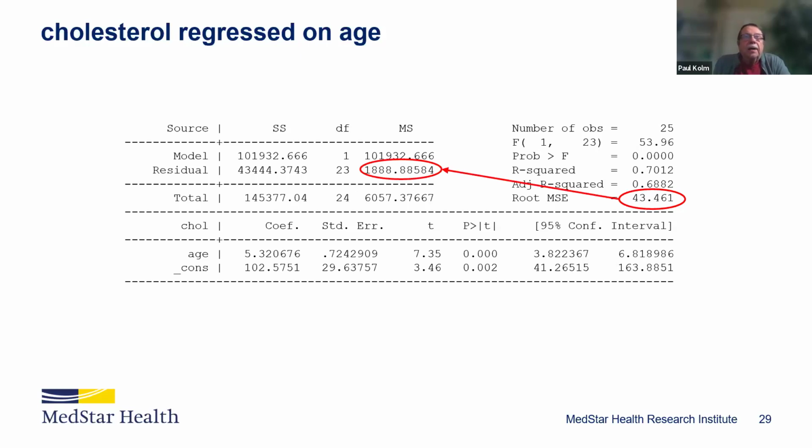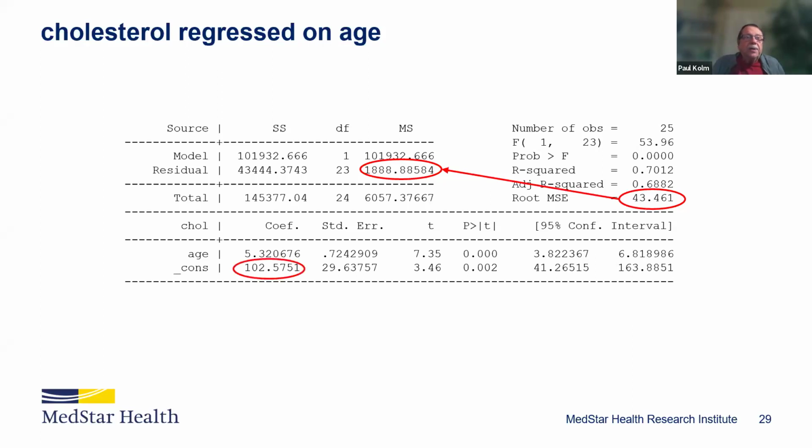But in regression, you have variability that's due to your model or to the independent variables, and then you have variability that's not part of that, that's left over, and we call that the error variance or the residual variance.